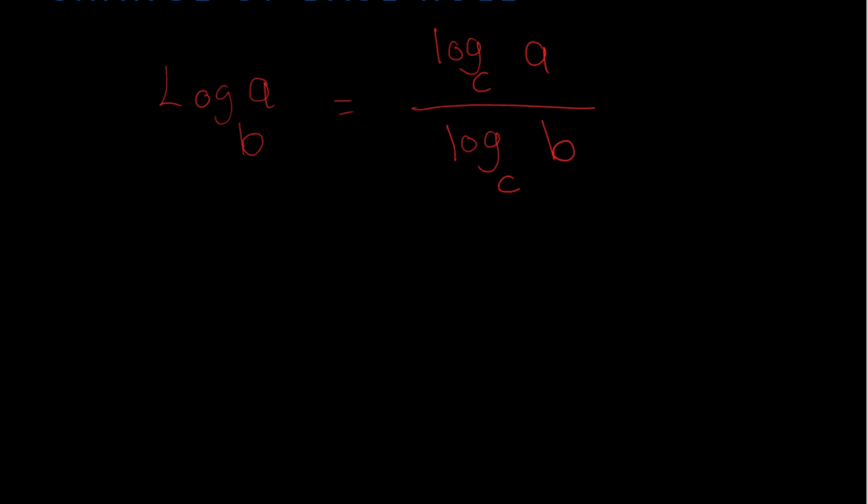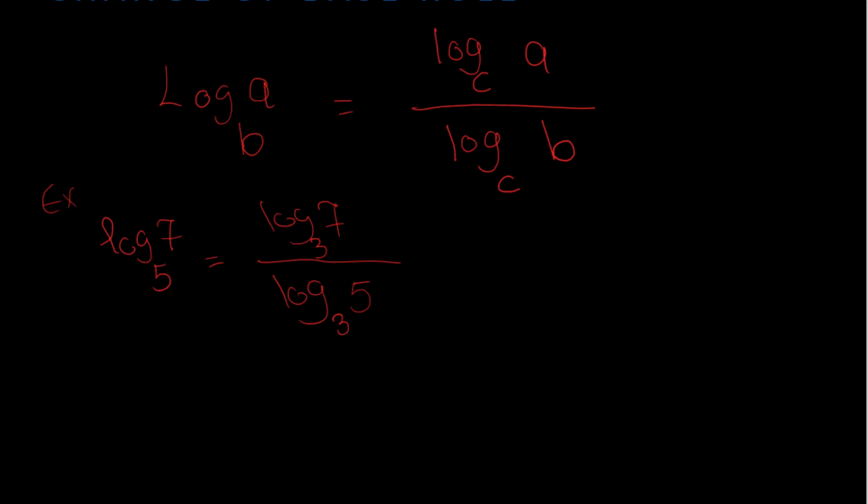So for example, if I have log base 5 of 7, I could represent it as log of 7 over log of 5, with 7 going up and 5 going down, to the base of 3.